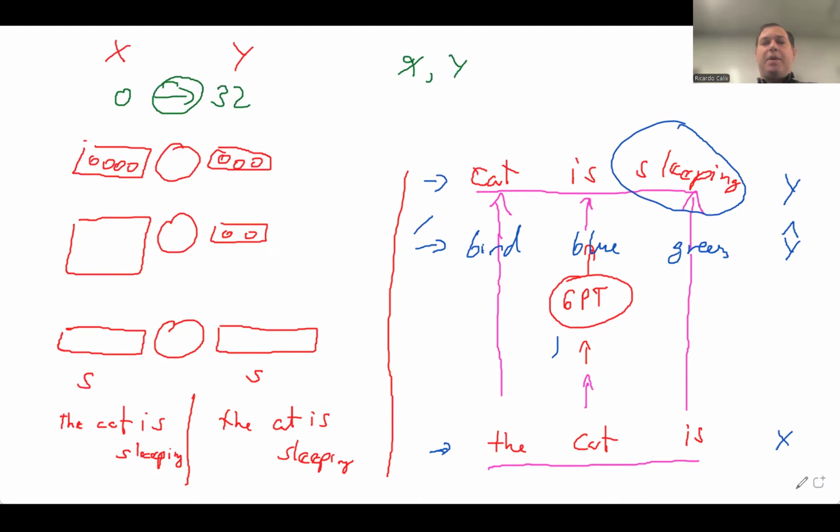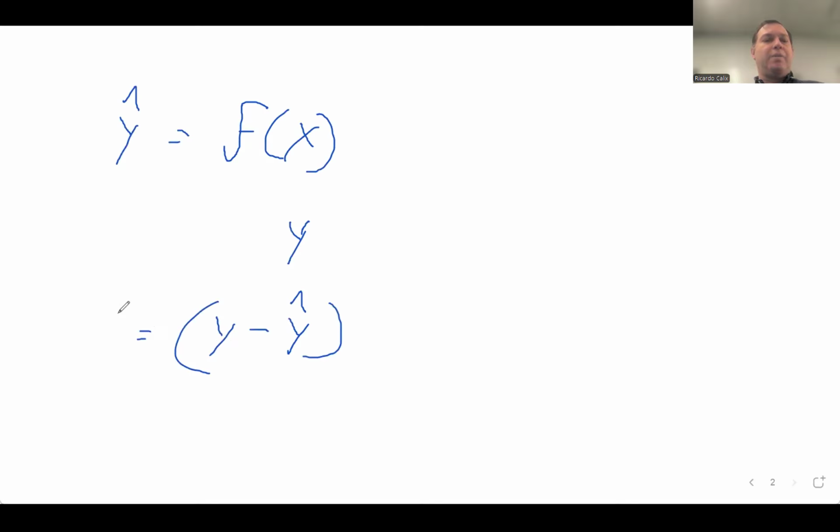So we have X, the input, Y hat, and Y. Think of the neural network as just a function, right? X goes in, and it's going to predict Y hat. But you also have Y, because that's your training data. So you're going to find ways to minimize some type of error.